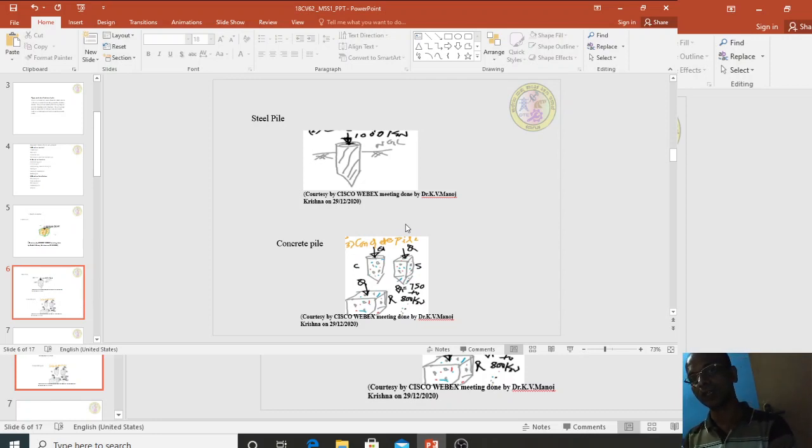That may be lacking in cast in situ, because it is not possible to see what is inside the ground while casting is in progress. Relatively it is stronger compared to timber pile, and cheaper compared to steel pile. Therefore, in India, most of the projects run under the concrete pile category only.